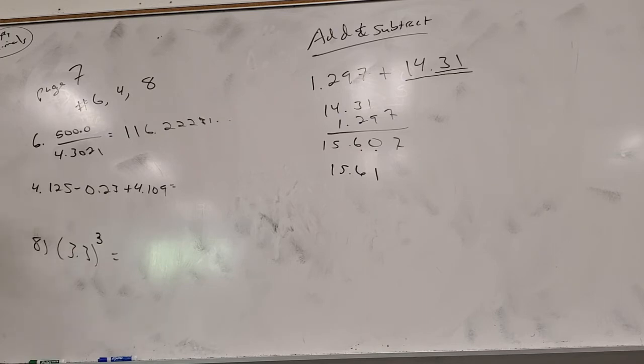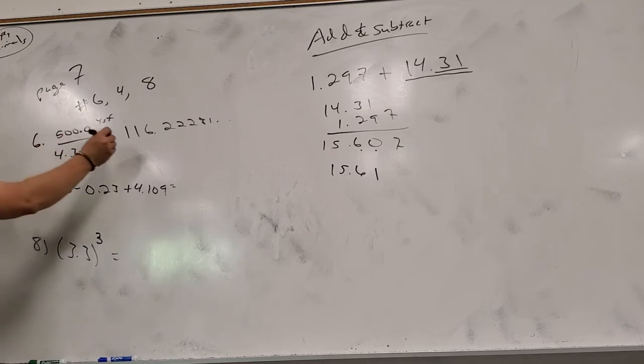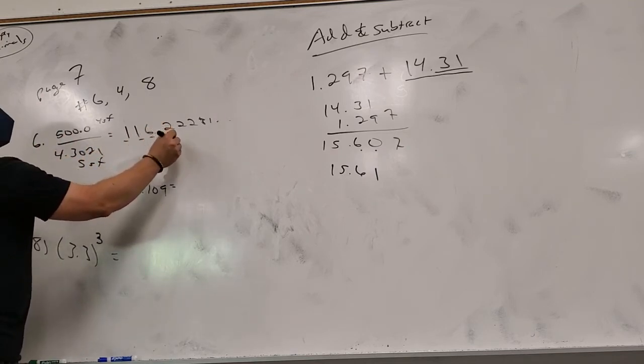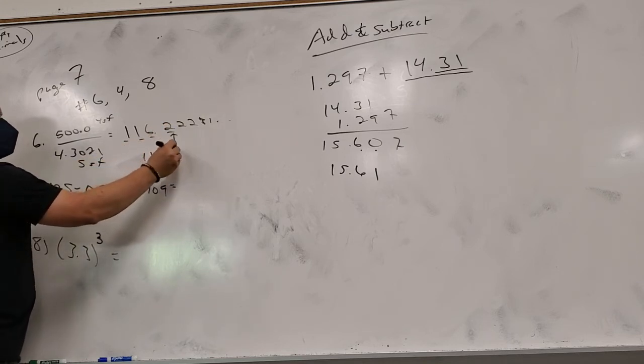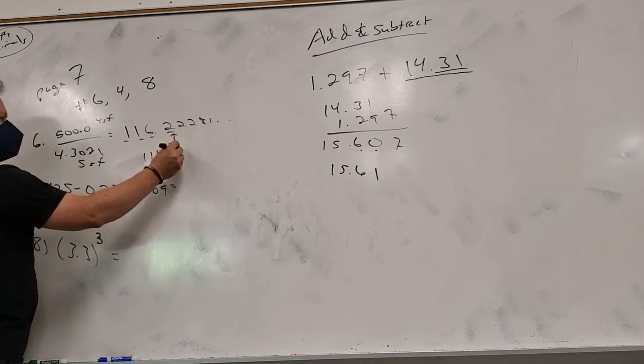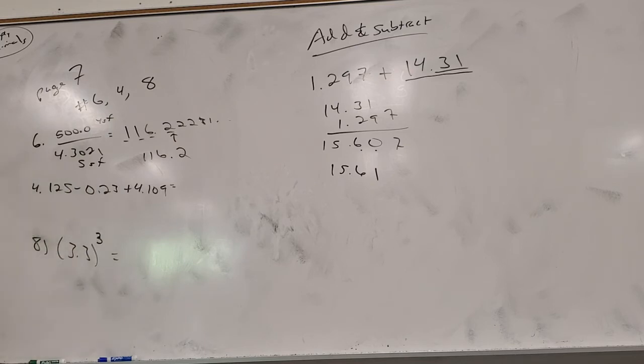When you multiply and divide, it's Sig Figs. How many Sig Figs on top? 4. Good. And on the bottom? 5 Sig Figs. So how many Sig Figs should my answer have? 4, the weakest link. I want to round to this place. The next number is 2, so it just stays.